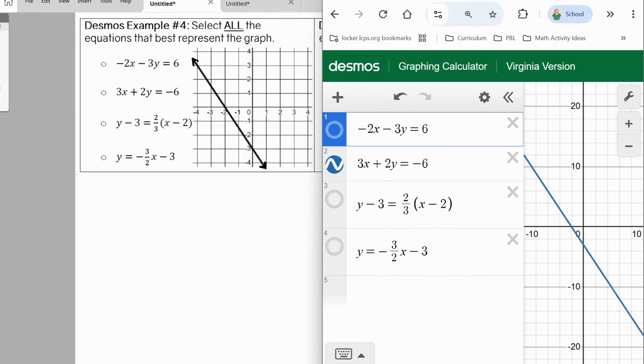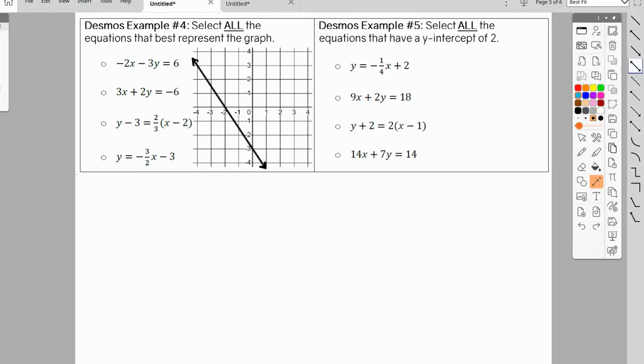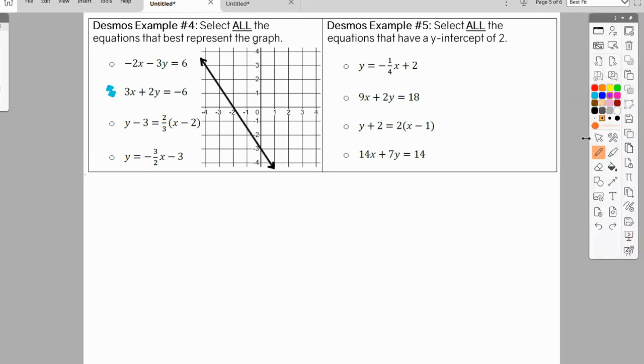I go ahead and look at my second option on the paper, typing it in on Desmos. I see that this graph does have the x-intercept of -2 and the y-intercept of -3. So that is going to be my check mark here. Oops, check mark, not an arrow here. We go ahead and make sure to cancel out the first option.